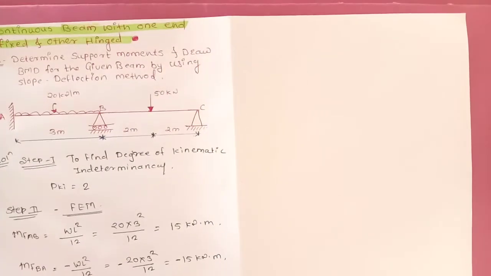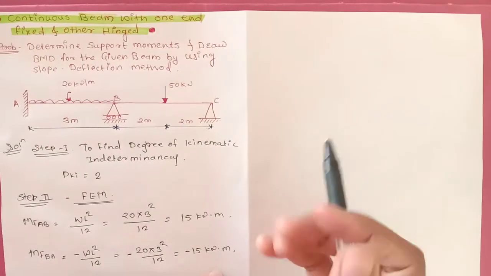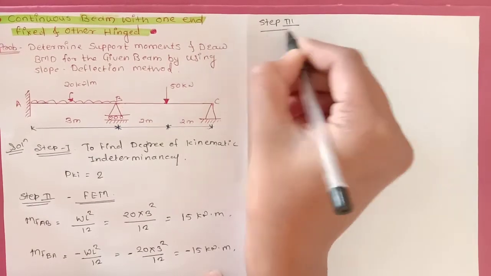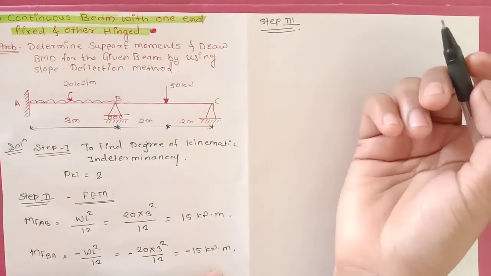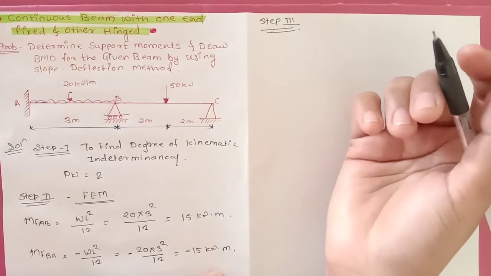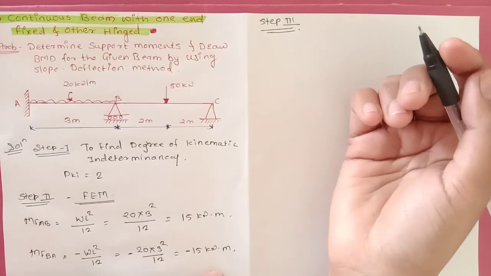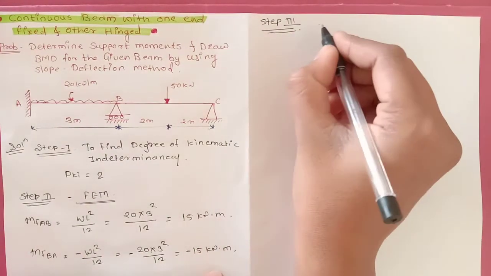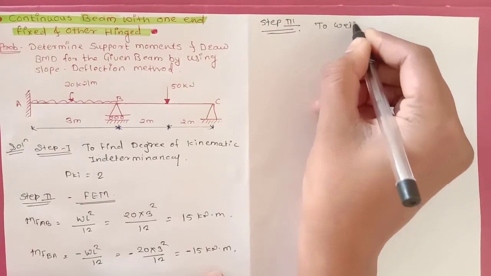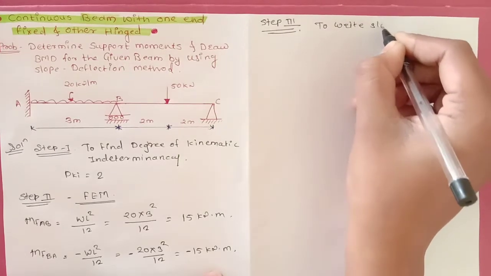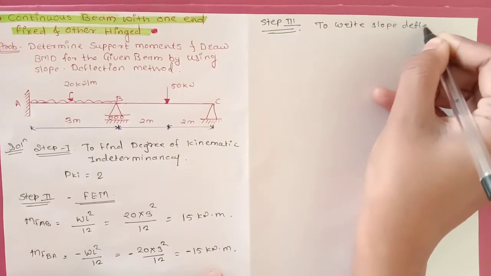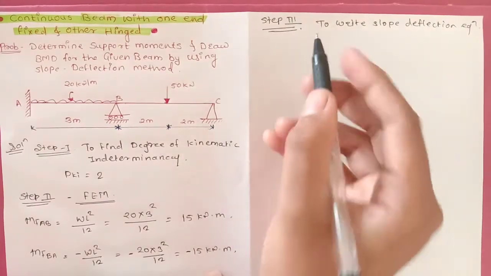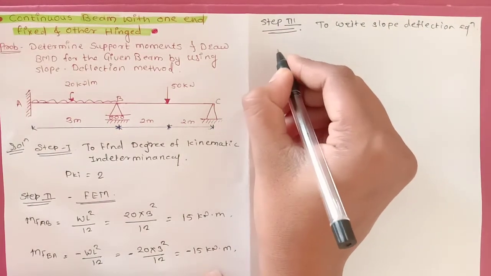Then next, step number 3. The third step is to write slope deflection equations, and from these equations to find out the end moments. So first, the slope deflection equation for member AB.